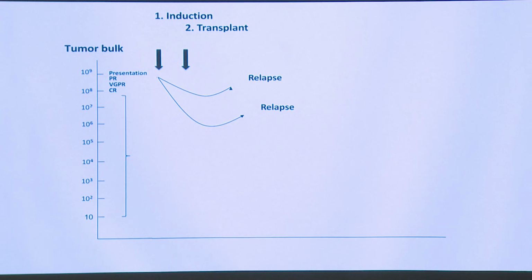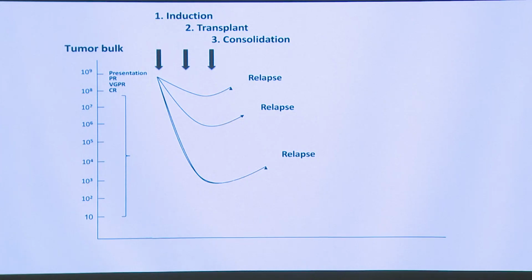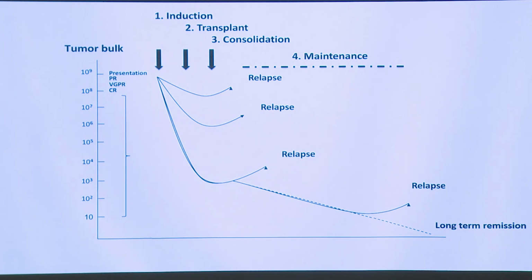So the paradigm of this institute here was always to treat very aggressively, to actually eradicate everything which was left, even what we just didn't see in patients who achieved complete remission. Because the theory obviously is that only if you eradicate everything, you potentially will be able to achieve a long-term remission where the disease just does not come back.